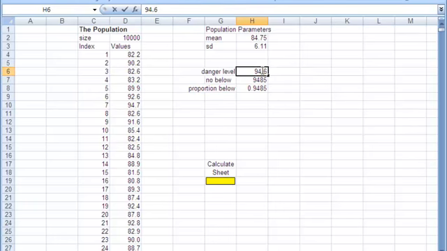Bad. 0.7. 4.8. 7's better. That's pretty good. 94.73. That's the danger level for population 2.